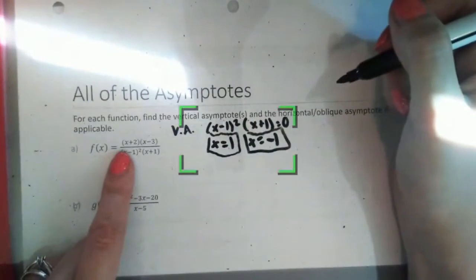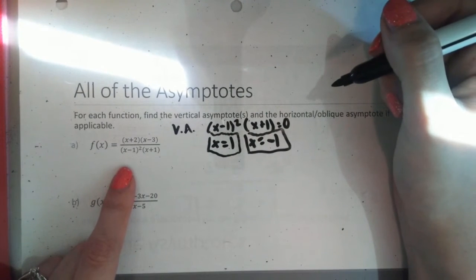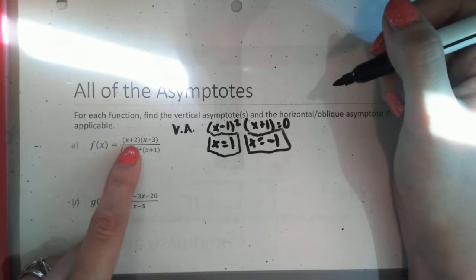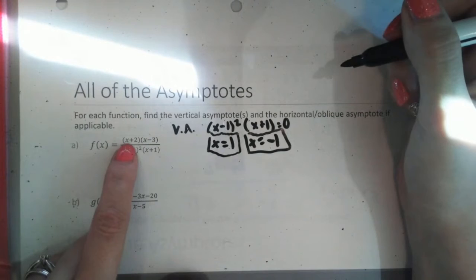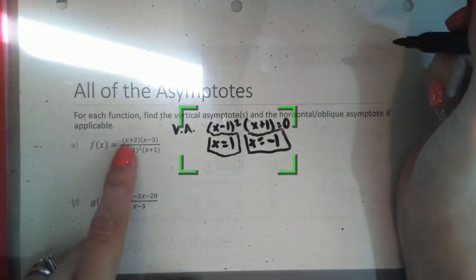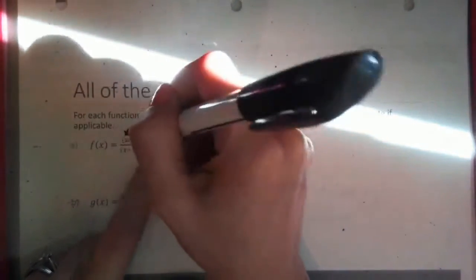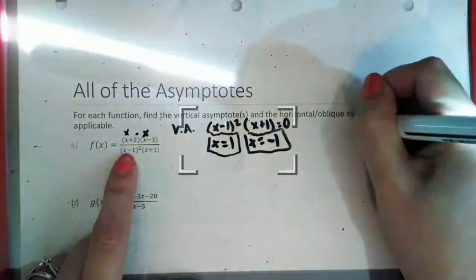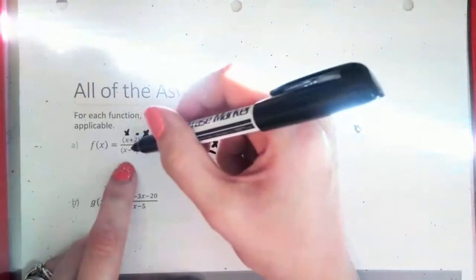Next, we're going to check the horizontal and oblique asymptotes. Then we need to look at the degree of the numerator and the degree of the denominator. So we only care about the degrees, and degrees come from leading terms. If I look at the leading terms of the numerator, I get x times x, which is x squared. So the degree is 2 in the numerator.